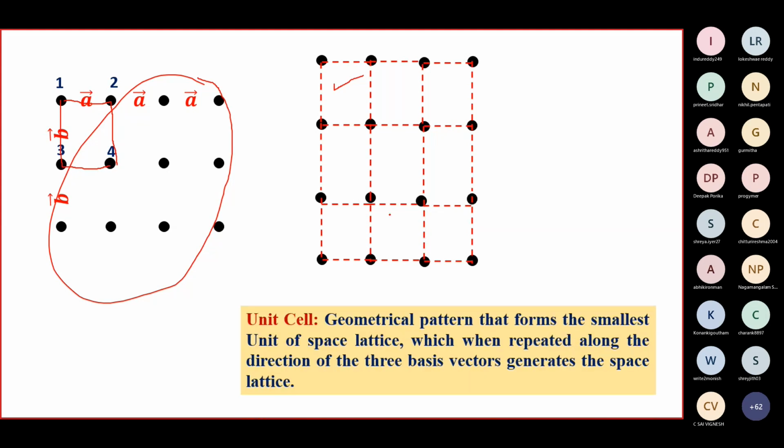Okay, any doubt here? So let's define this unit cell. It is a geometrical pattern that forms the smallest unit of a space lattice, which when repeated along the direction of 3 basis vectors generates the space lattice. Do you understand this or do you have any doubt? Clear, sir. Clear?